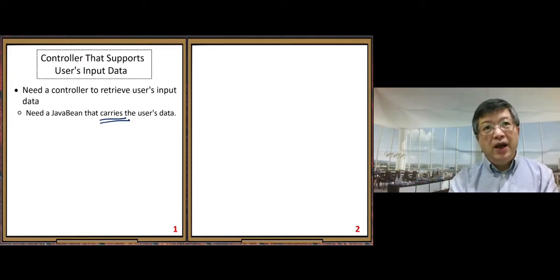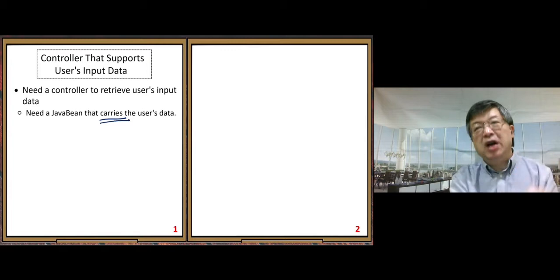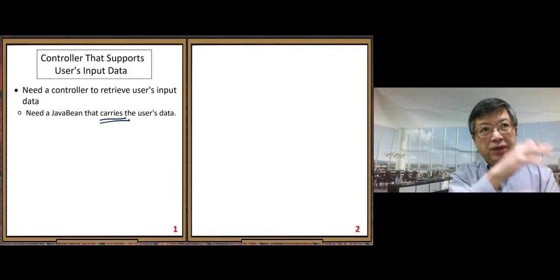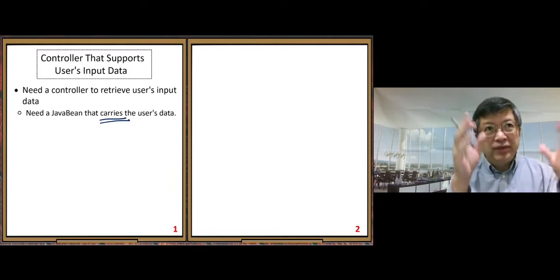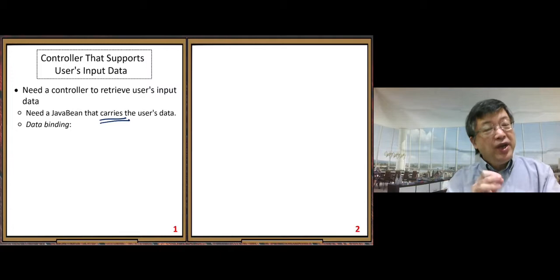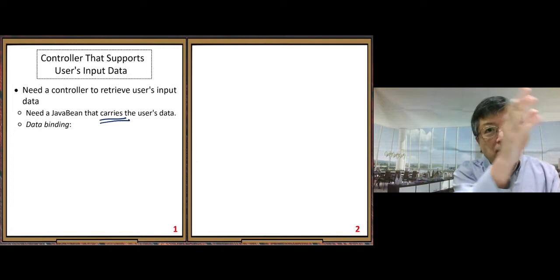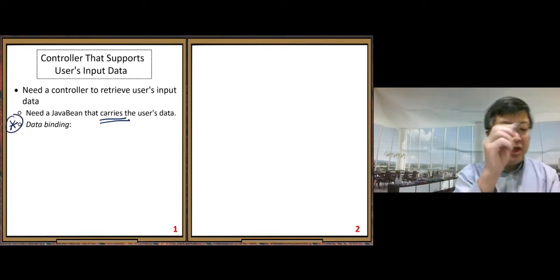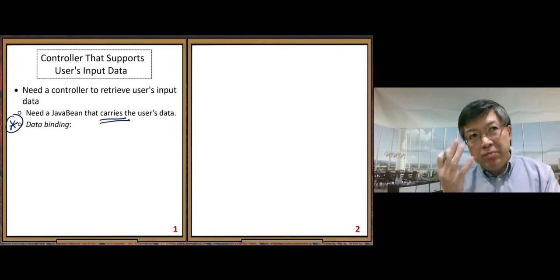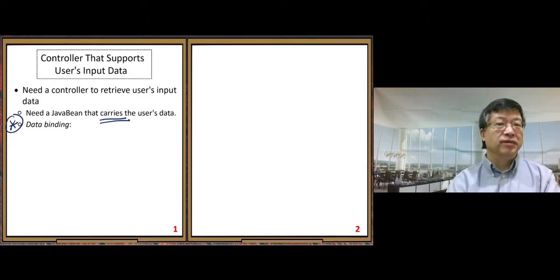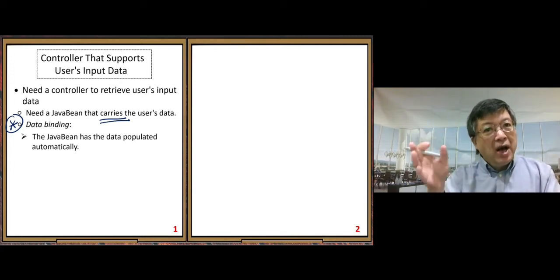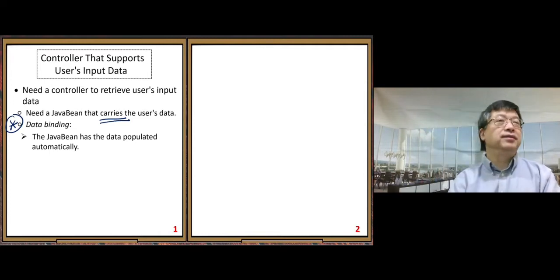And this Java bean is a special Java bean. It has the responsibility to do data copies. So we need to learn a new concept called the data binding concept. This is a very big concept. The Java bean has the data populated automatically.